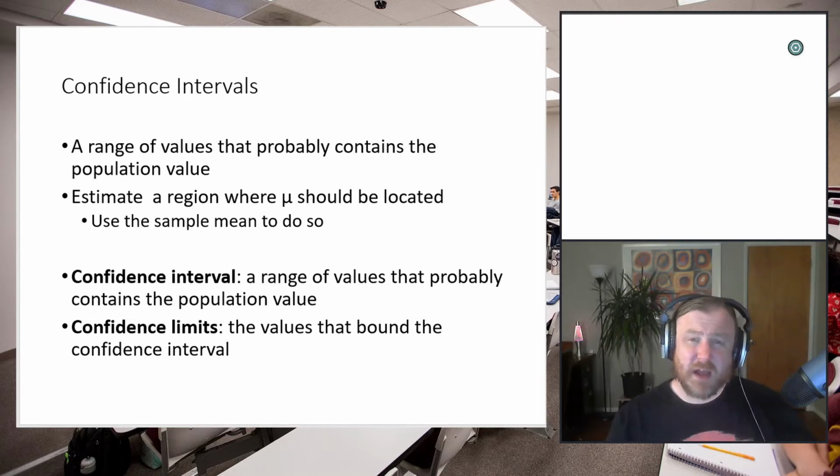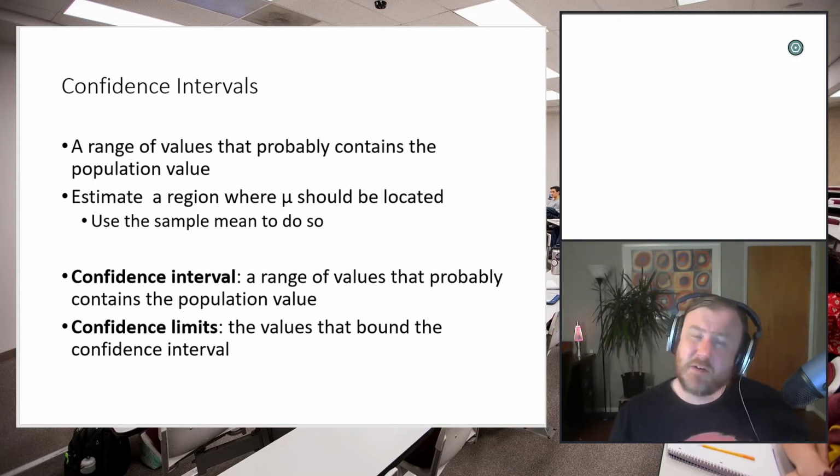So basically, our best guess when trying to predict a population mean is the sample mean. However, when we say that the sample mean is an unbiased estimate of the population mean, it doesn't mean that our sample mean is going to be correct all the time.